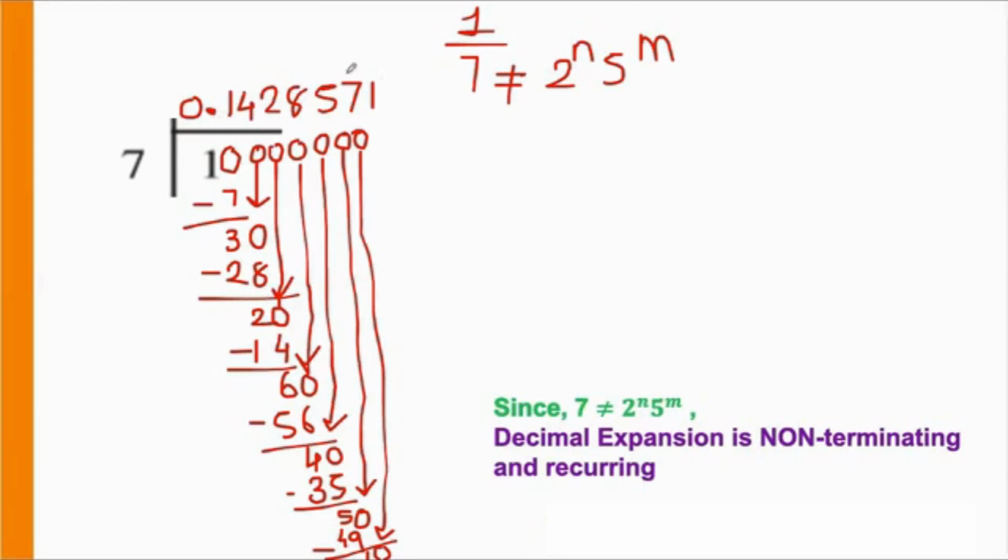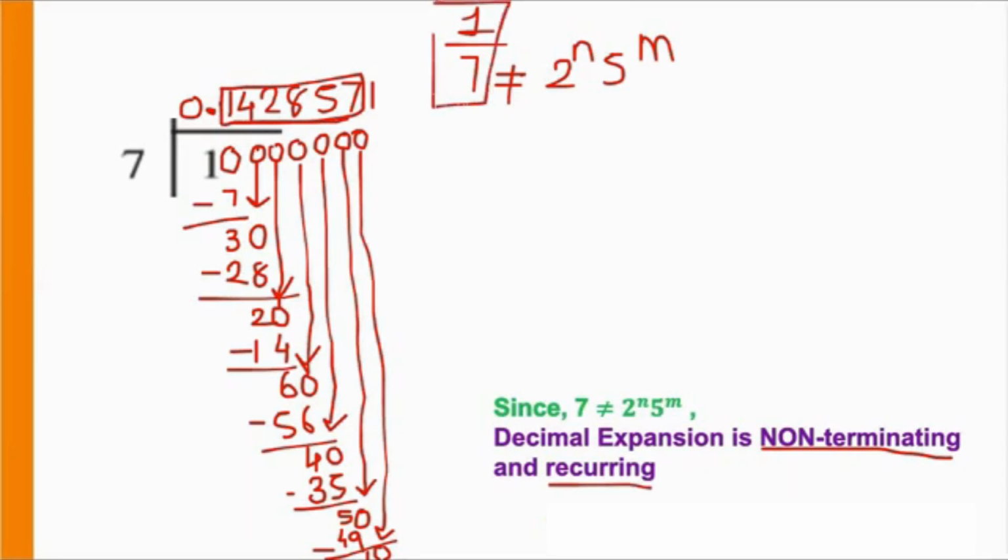Then the string will repeat itself. 142857, 142857. So you can see it is non-terminating. It is not going to terminate. So we have it as non-terminating, and this string is going to repeat itself. And so we say it is recurring.